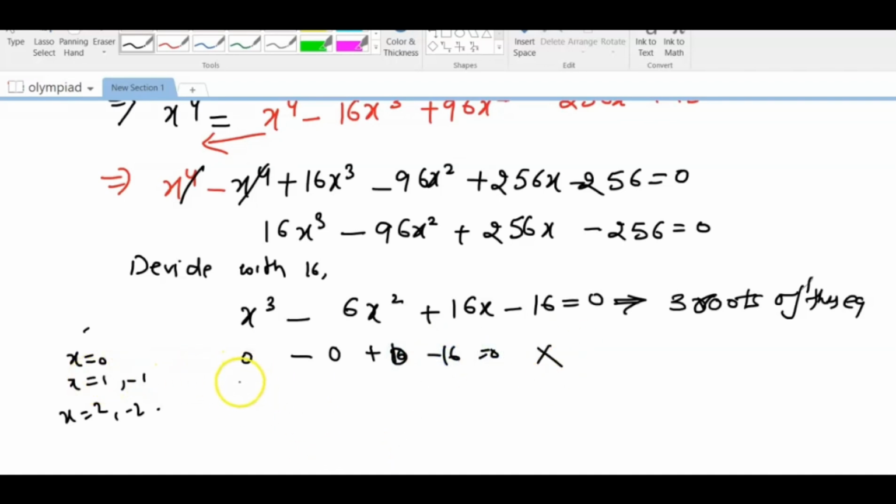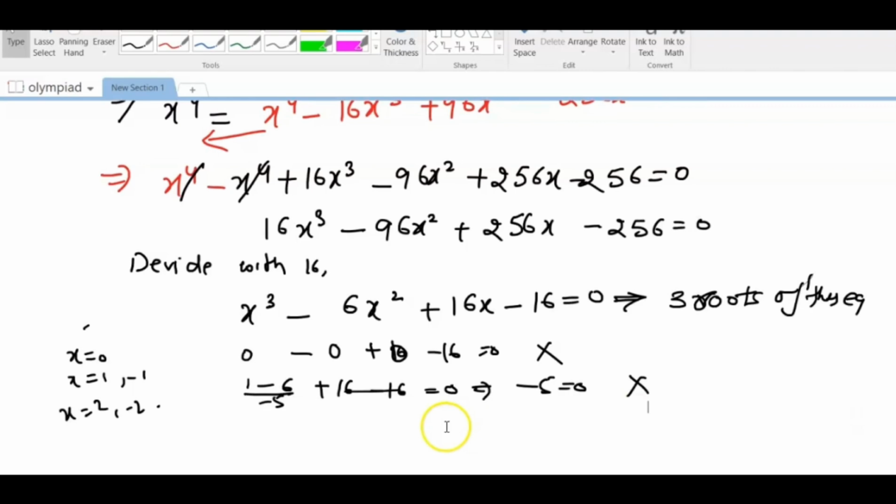If you substitute x as 1, you will get 1 minus 6 plus 16 minus 16, which would be minus 5. So you get minus 5 is equal to 0. Again, it does not satisfy. Now, if you substitute x is equal to 2, let's see what we get. We will get 2 cube minus 6 into 2 square plus 16 into 2 minus 16.